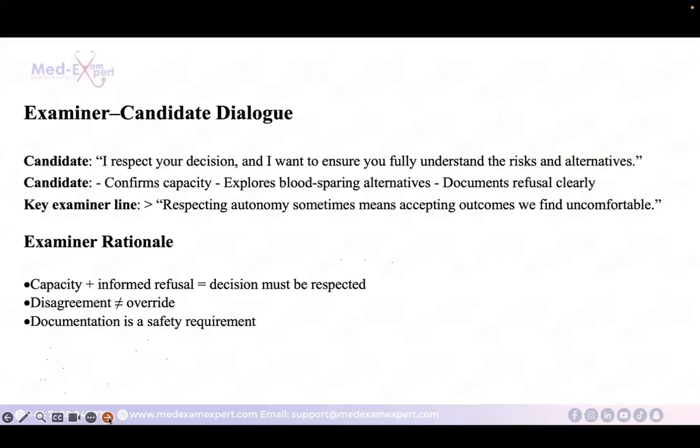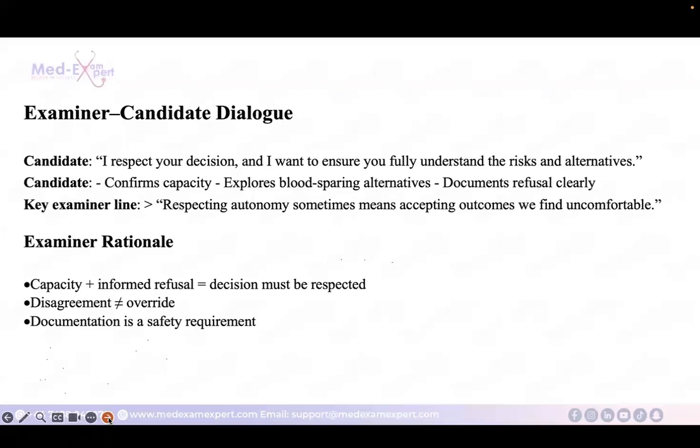So in this case, as a candidate, you say, I respect your decision and I want to ensure you fully understand the risk and alternatives. You will confirm capacity, explore blood sparing alternatives, and clearly document her refusal in the notes.